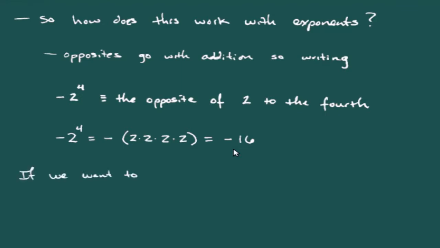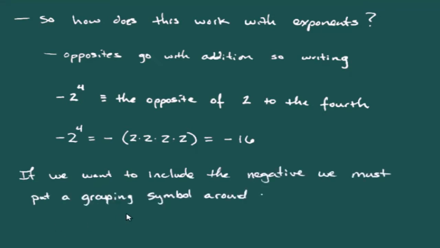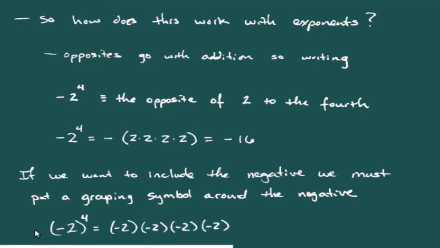So how would it work if we actually wanted to include the negative in the repeated multiplication? Well, we do that by putting a grouping symbol. So we're going to put parentheses around that negative. If we wanted to include the negative in the multiplication, we would do parentheses around the -2 to the 4th power, which is going to tell us to multiply the opposite of 2 4 times.